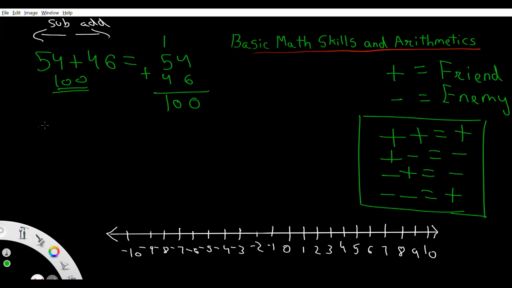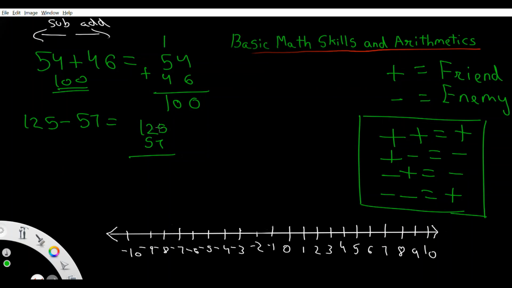Now what about 125 take away 57? Again, you write it like this. And now 5 take away 7 is a negative value, but you do not want that.